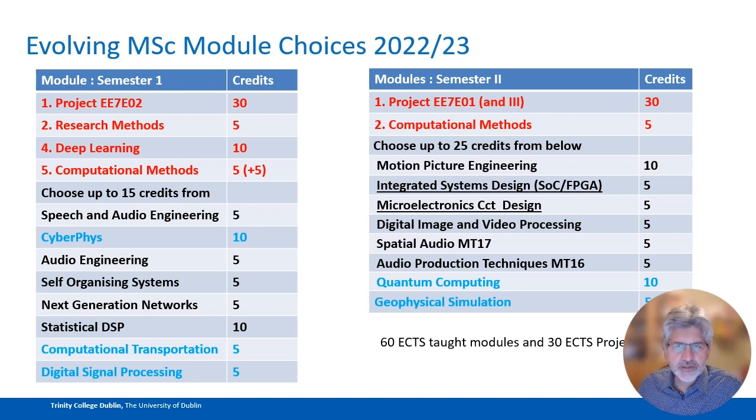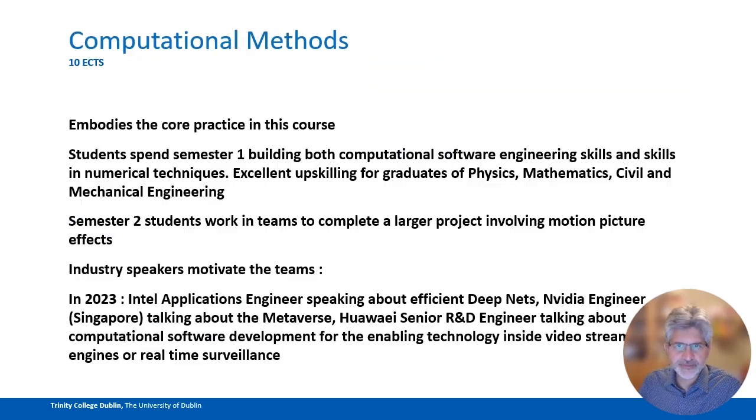The module choices for next year look something like this, and the ones I need to call out to you as part of computational engineering are these compulsory modules on deep learning and computational methods, and all computational engineering students must take at least 15 credits from these modules: geophysical simulation, quantum computing, cyber physical engineering, computational transportation, and digital signal processing.